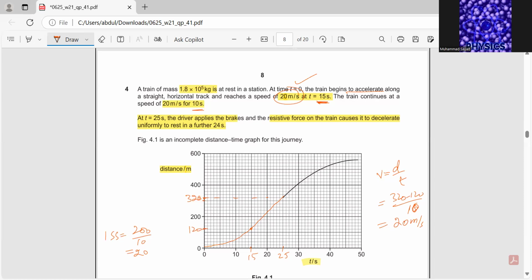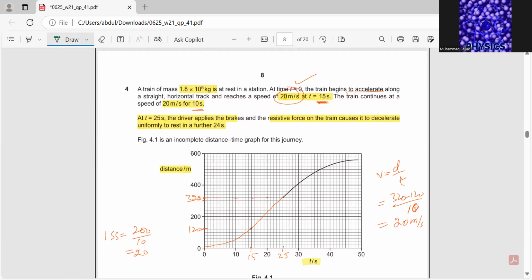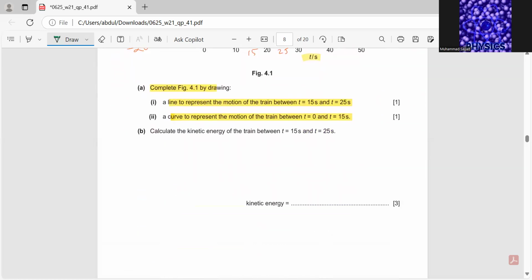As it is a distance-time graph, between these two green dots, speed is constant. The gradient of this graph is equal to speed. So gradient is constant between the green dots, so speed is constant. From 0 to 15 seconds, the slope is increasing. It means speed is increasing, which means accelerating. I'm sure this is crystal clear to you people.